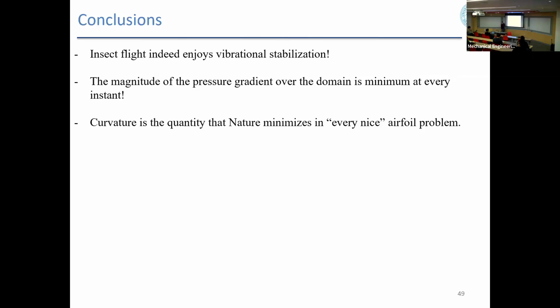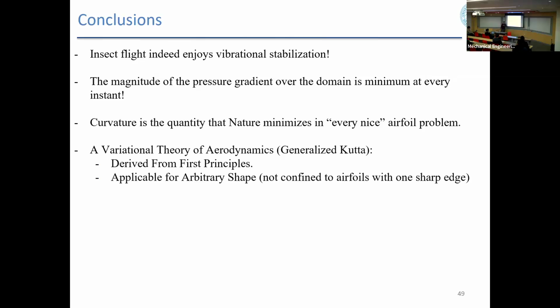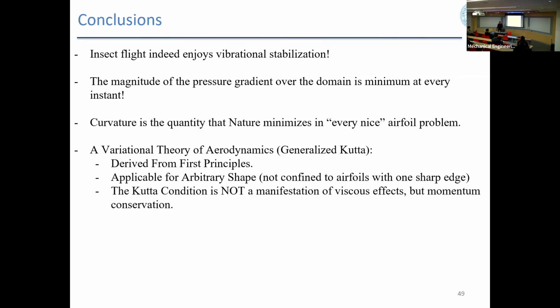And using these tools, we developed a new theory of lift that generalized Kutta's. But unlike Kutta's, this one is derived from first principles, Gauss's principle, and it's applicable for arbitrary shapes, not necessarily those that are confined to sharp-edged airfoils. And it actually implies that the Kutta condition is not a viscous condition, and this creates some schism in the community.